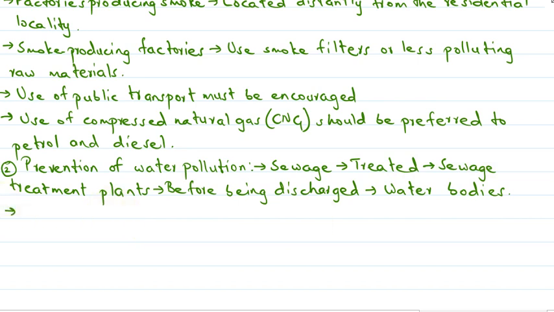Then the use of fertilizers should be minimal, because when we use too much fertilizer, it is washed away into water bodies when it rains heavily, and this again leads to water pollution. Hence the harmful chemical fertilizers should be used in minimal amounts.